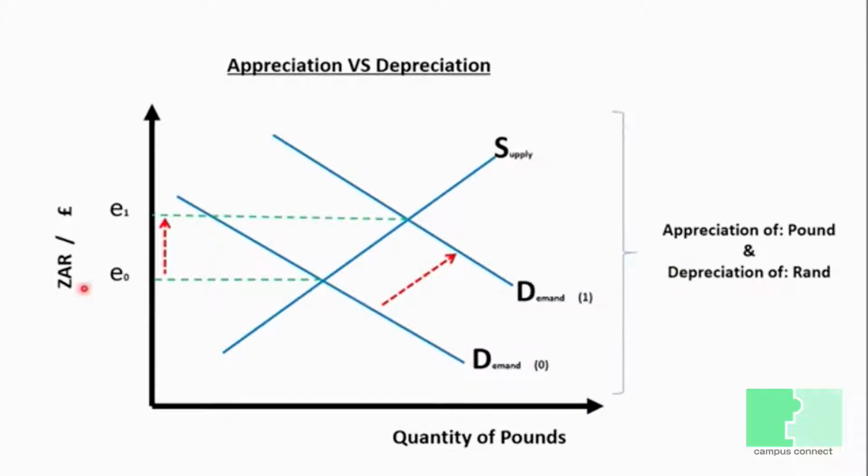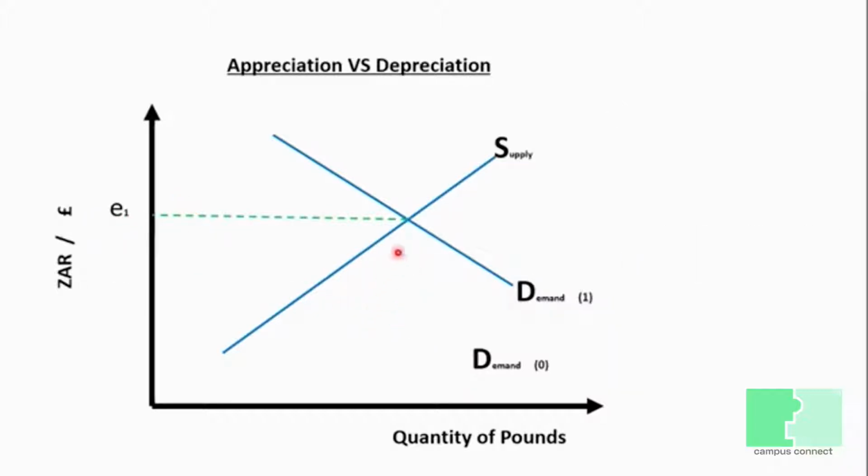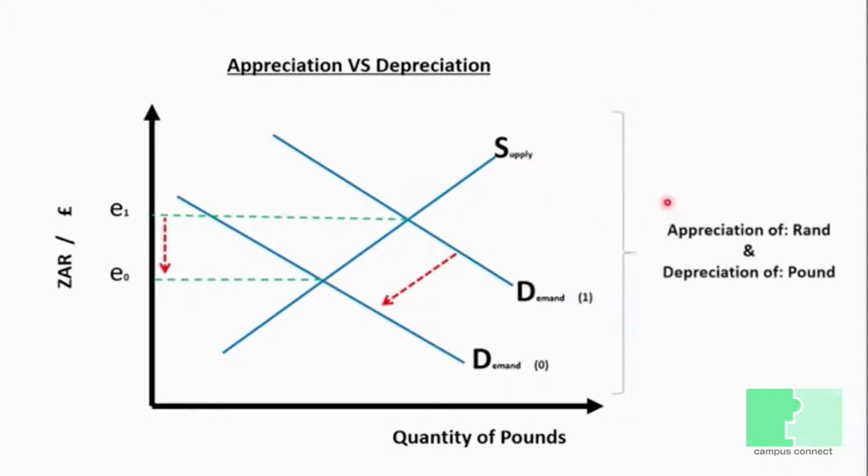What that means is that previously you only needed E0 rands to purchase a single unit of your pounds, but now you need more rands to purchase a single unit of your pounds. The opposite movement, if we move from E1 to E0, say if your demand were to decrease, that would be an appreciation of the rand and a depreciation of your pound.